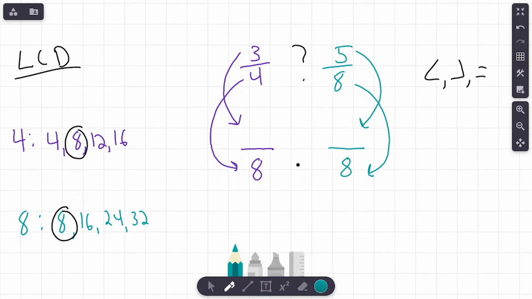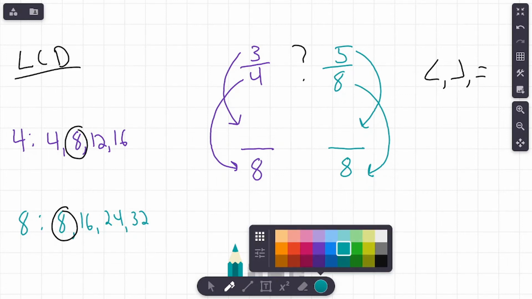And this is going to make it really easy for us to compare these two fractions because their denominators are going to be the same. When their denominators are the same, all we have to do is look at the numerators and figure out which one is bigger, which one is smaller, or if they're equal to each other. Okay? So, here's the next part.